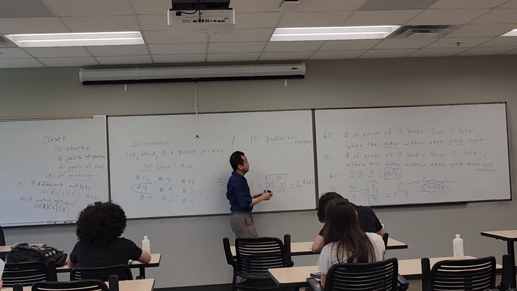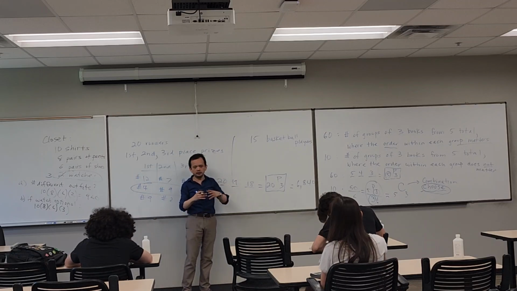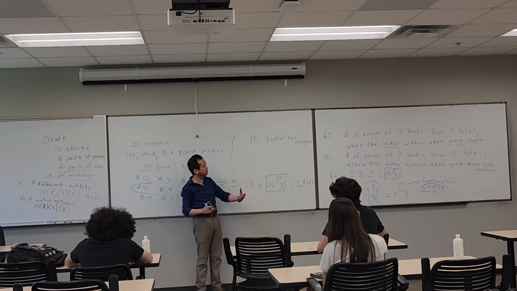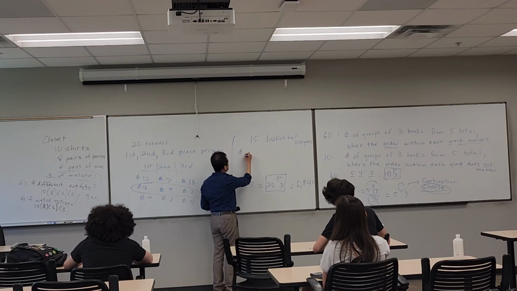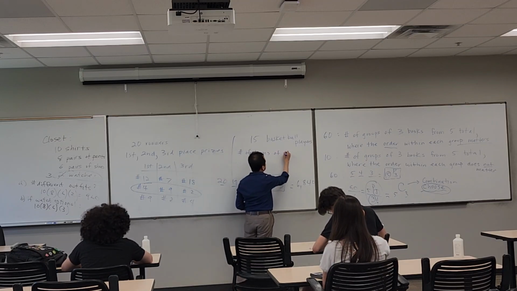But let's say that there's only room on the court for 5 players at a time. So you want to pick a team of 5 players. So the question is, how many different teams of 5 players are possible from 15?